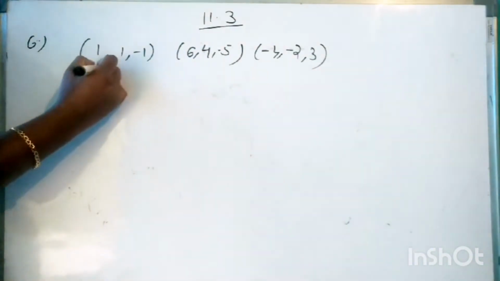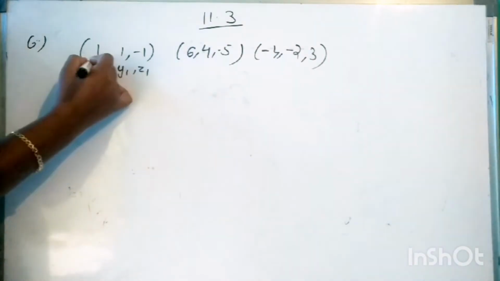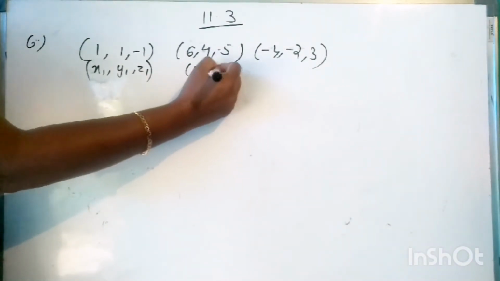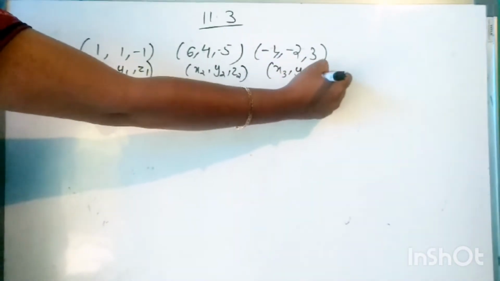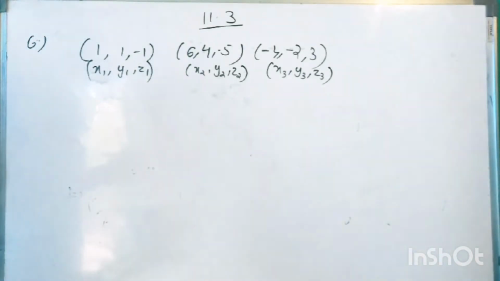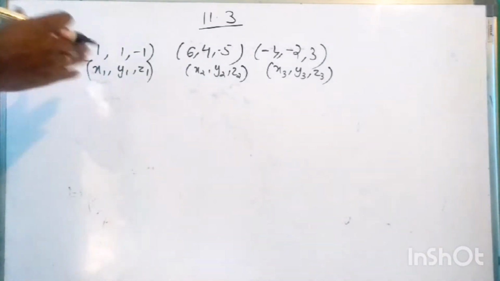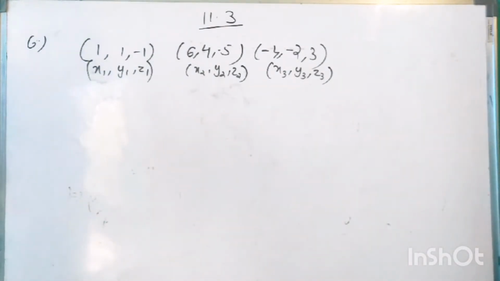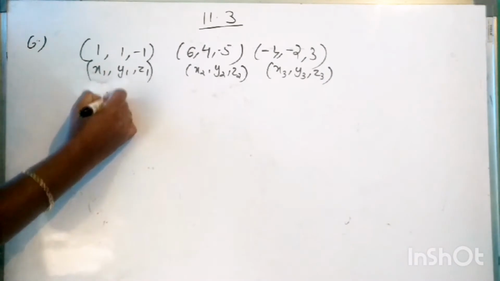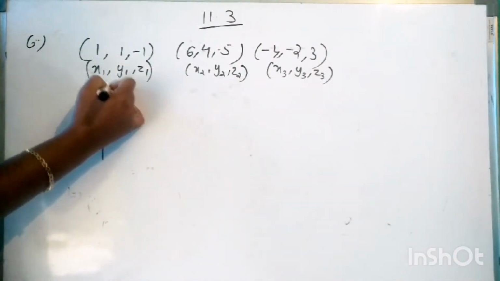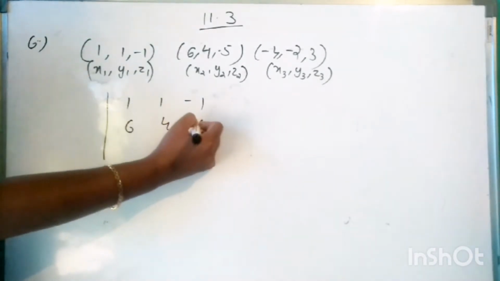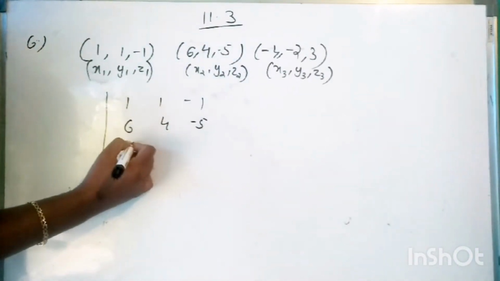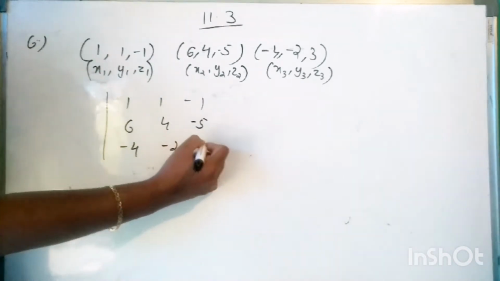So we will take the first as x1, y1, z1, the second as x2, y2, z2, and the third as x3, y3, z3. We have the equation of the plane which passes through 3 non-collinear points. So first we need to check whether these 3 points are non-collinear. For that we take the determinant of the rows (1, 1, -1), (6, 4, -5), (-4, -2, 3).